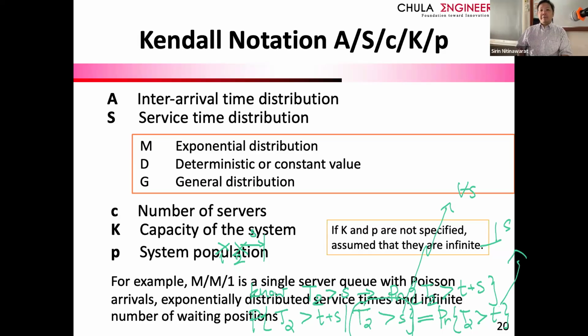But before I go there, I want to introduce you to a fundamental first result related more generally to all queuing systems, not just of a particular type. And this is called Little's formula.